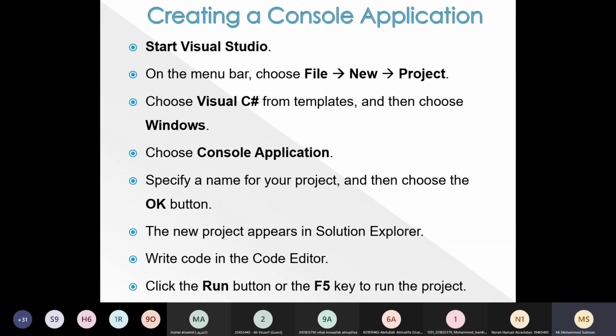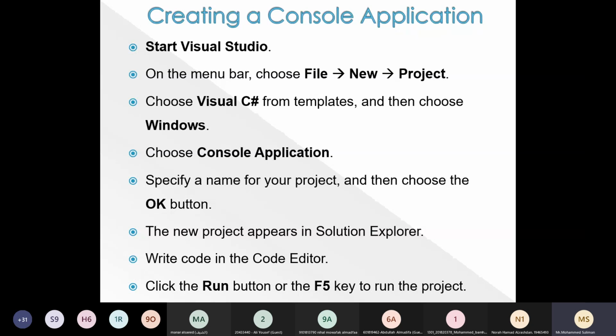Okay, creating the console application. So here we start with our first program in C#, how we can create one application with some simple messages like a welcome message and so on. For this you should have Visual Studio. You can go and download Visual Studio from Microsoft and learn from there.